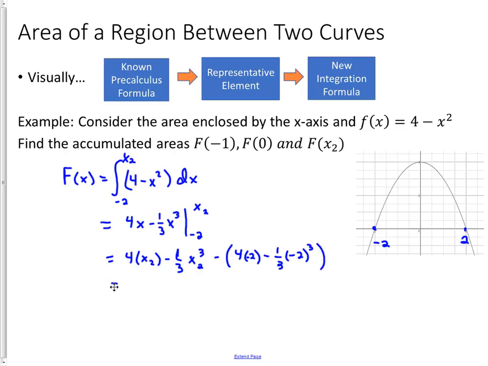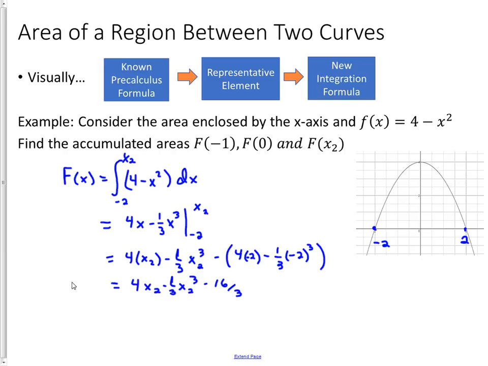This is going to become 4 times whatever x2 is minus 1/3 of x2 cubed, and if we work this one out, minus 16/3.